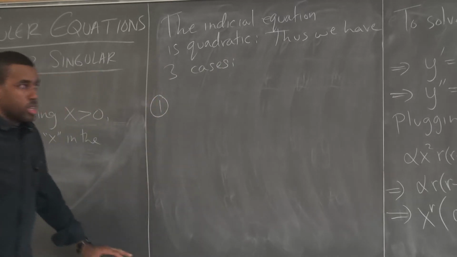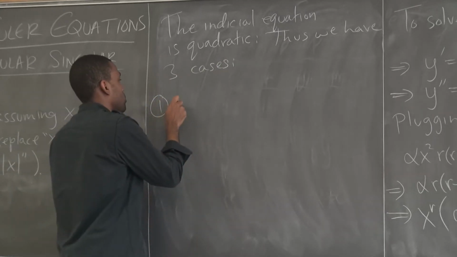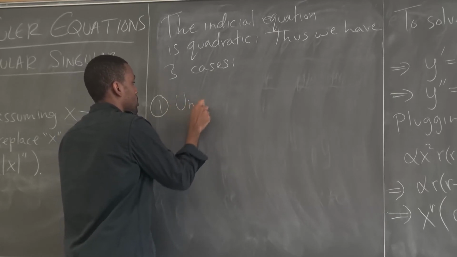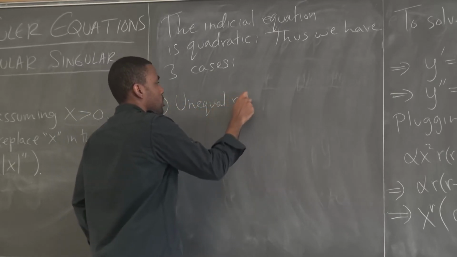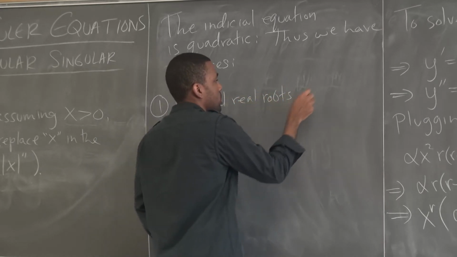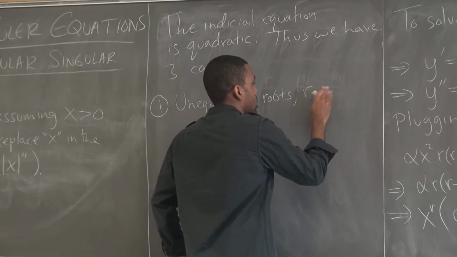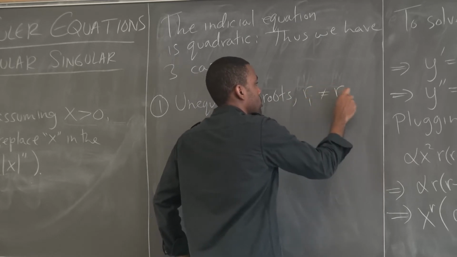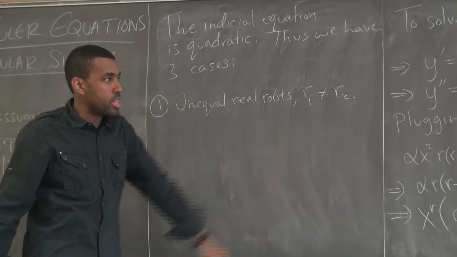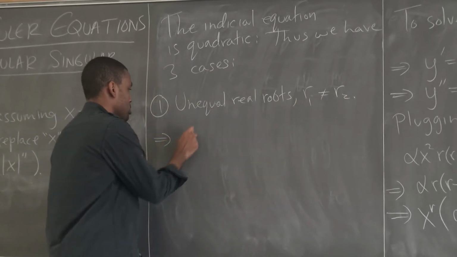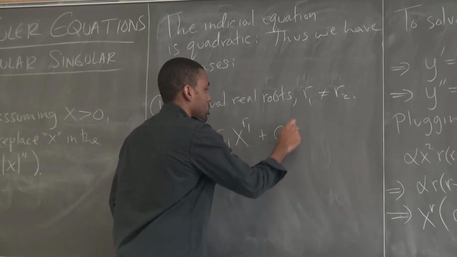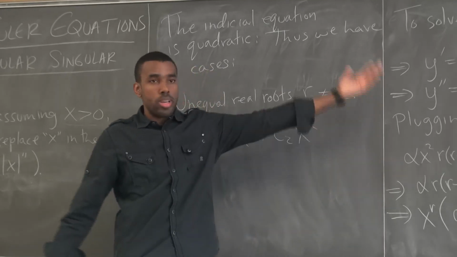First case is if you have unequal real roots, say R1 and R2. So you solve that initial equation, it's a quadratic. Suppose you get 2 answers. Then that just means your y is equal to C1 x to the R1 plus C2 x to the R2, because you assume y equals x to the R.